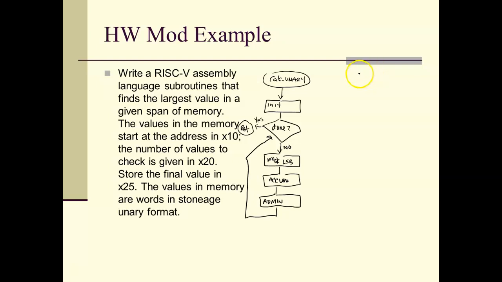Okay, so what we're really interested in here is the entire subroutine. We'll call it big unary. Great name. Typically I need to init some stuff, which is typically going to be the value.